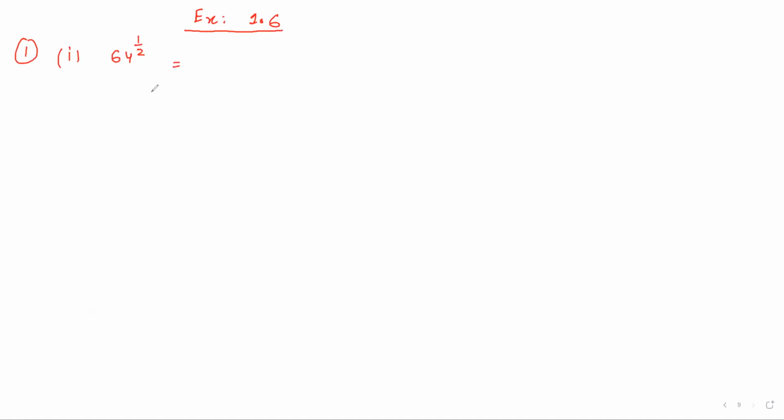Now 64 can be written as, prime factorize it in case you're not able to understand. 64 is 2 into 32, 2 into 16, 2 into 8, 2 into 4, 2 into 2, 2 into 1. So 2 to the power 6, and then the power 1 by 2. Now use the second law, so the powers will be multiplied.